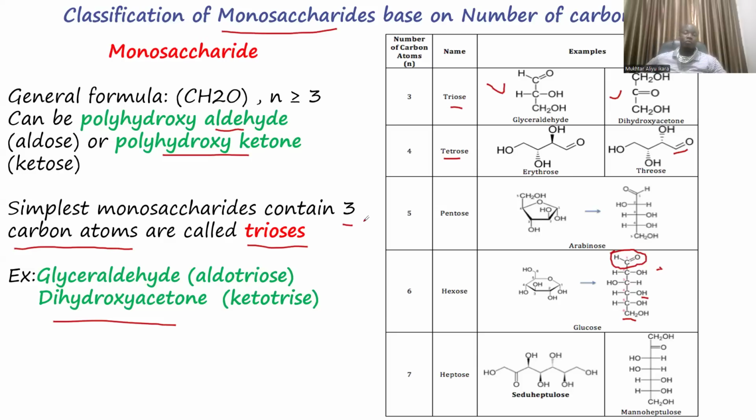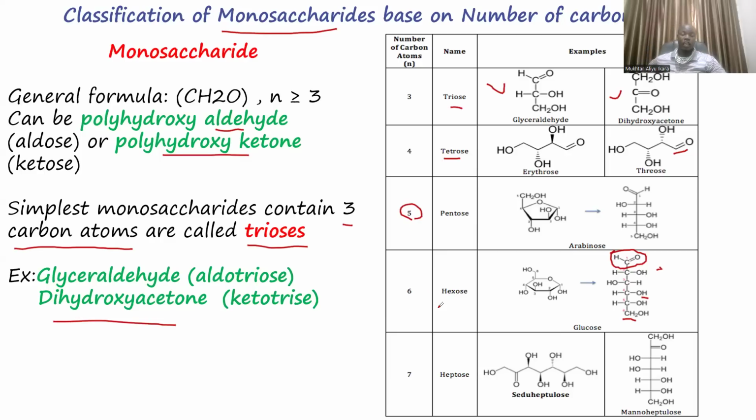Then we have pentoses, those sugars that have 5 carbon, and an example is arabinose.